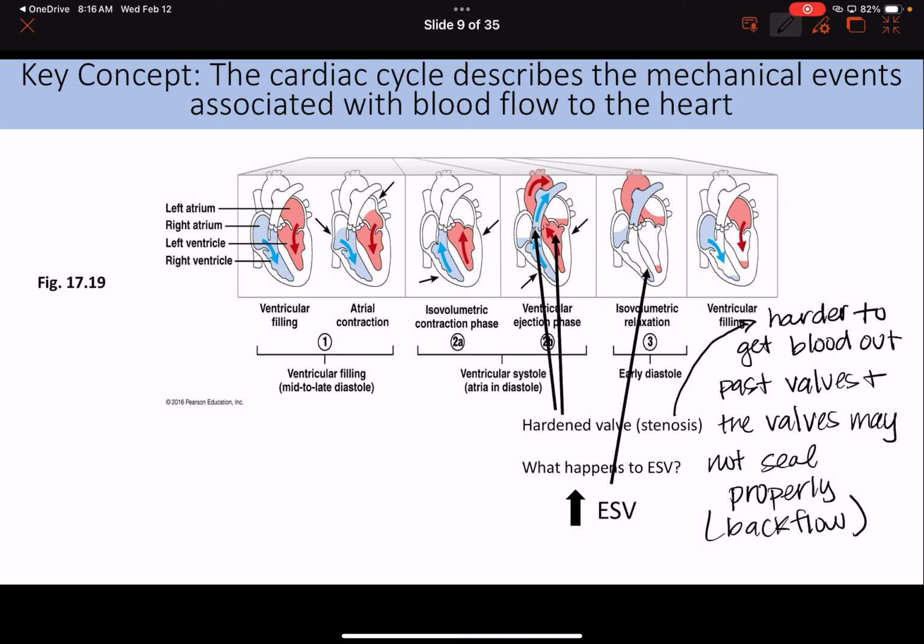So for both of those reasons, you're going to be left over with the larger volume. And then you can remind yourself that stenosis means that it's going to be a more narrow opening. Okay, any questions about that?